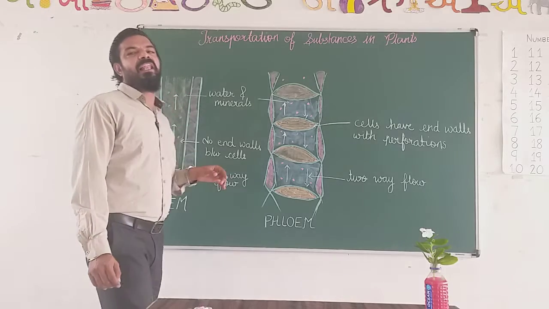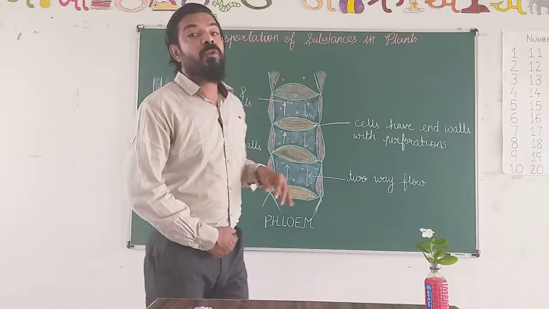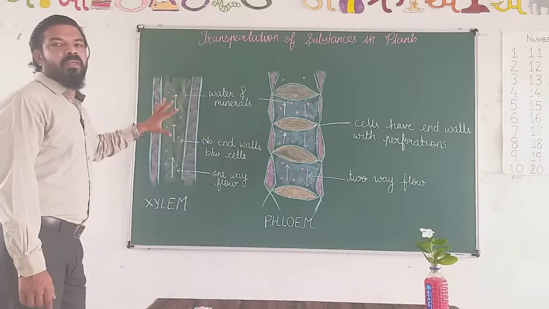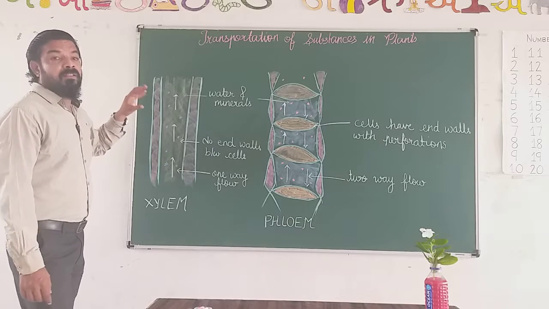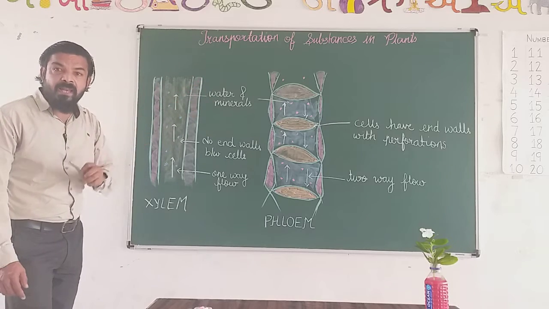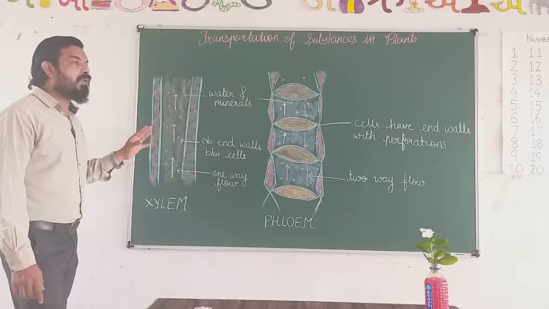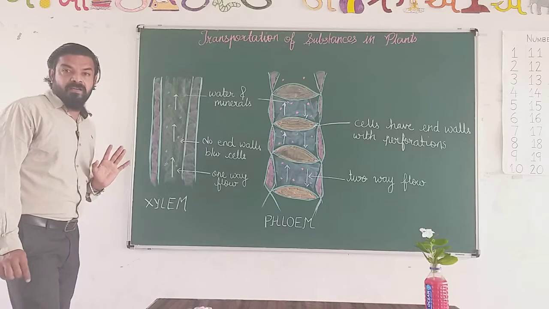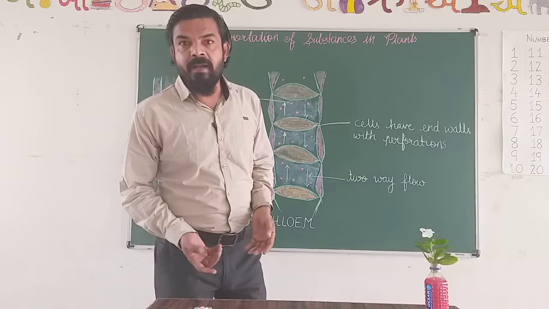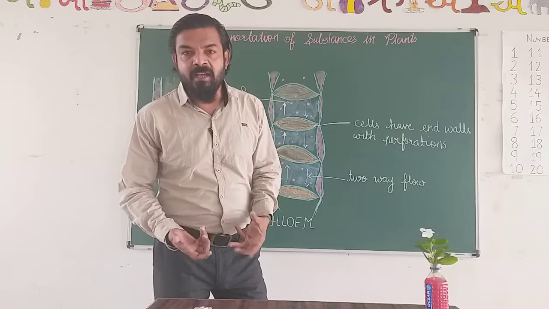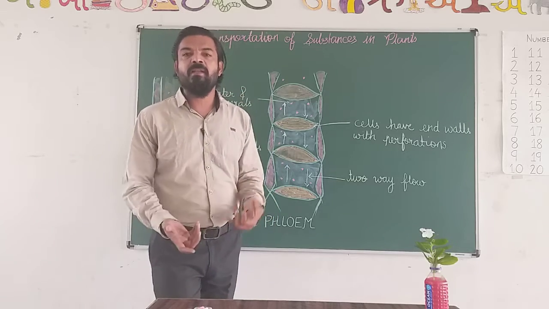In the 9th standard, chapter number 1, you will understand about the diagrams and what kinds of tissues are there in plants, like parenchyma and collenchyma, and how they help.